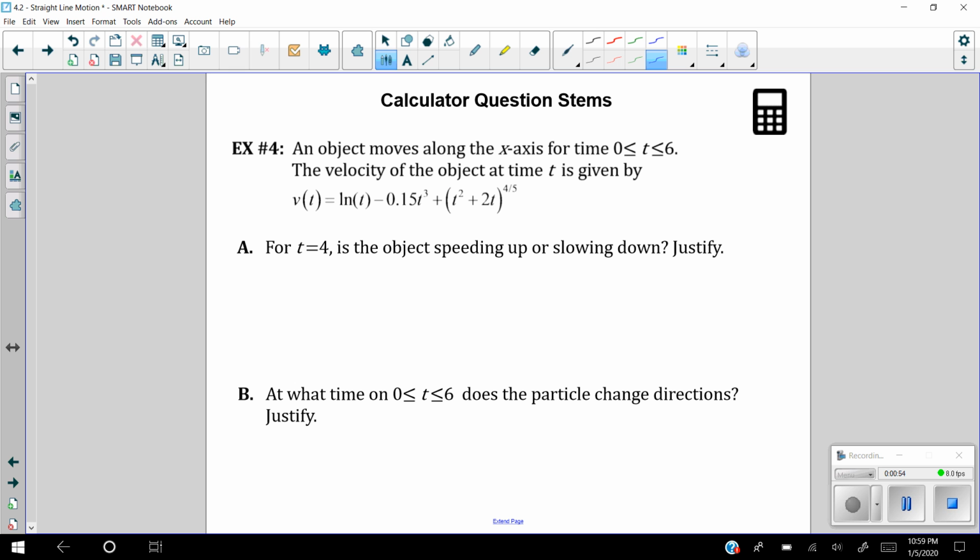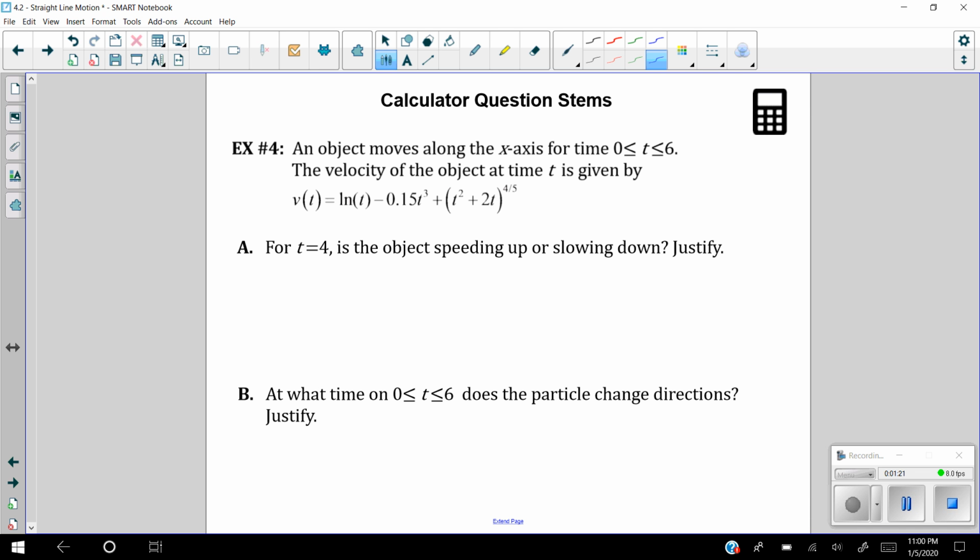This is a really graphing calculator heavy question, and it says, an object moves along the x-axis for time 0 to 6 seconds, I'm going to assume. The velocity of the object at time t is given by that function, v of t equals the natural log of t minus 0.15 t cubed plus t squared plus 2t raised to the 4/5 power.